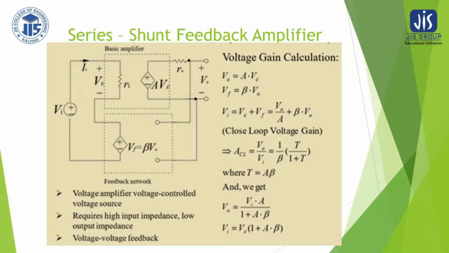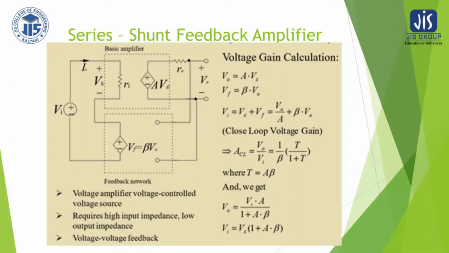Now replacing this Vi from 1 and 2, we get Vs equal to V0 by AV plus beta V0. So from this, if we calculate V0 by Vs, in this way we get the overall gain due to feedback.